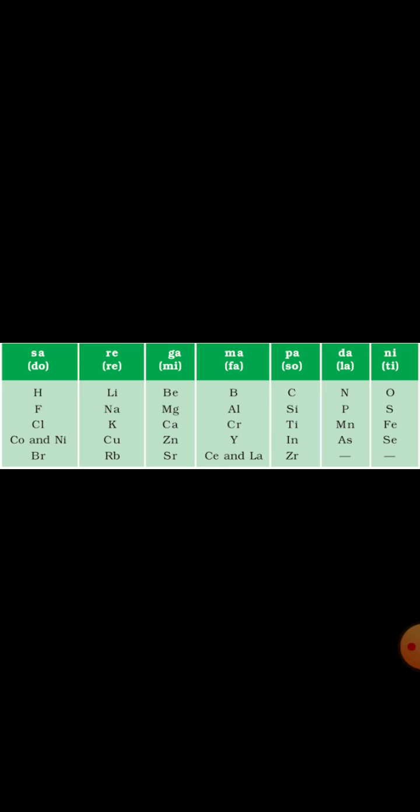This way, every eighth element has properties similar to the first. This is known as Newlands' law of octaves. How did we get this? He arranged the elements in such a way that he got the same property for element 1 and element 8.